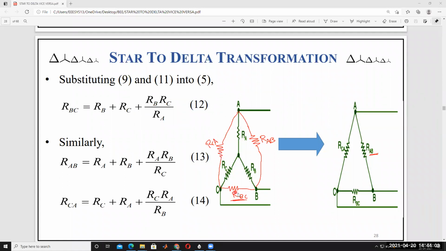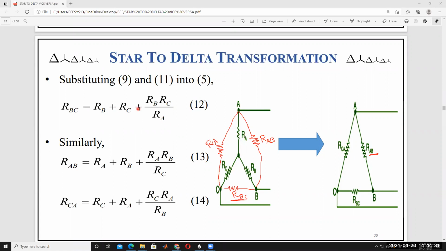Here RBC is equal to RB plus RC plus RB into RC divided by RA, the remaining element. For easy understanding, RBC is equal to the addition of these two resistors plus the multiplication of these two resistors divided by the remaining resistor.